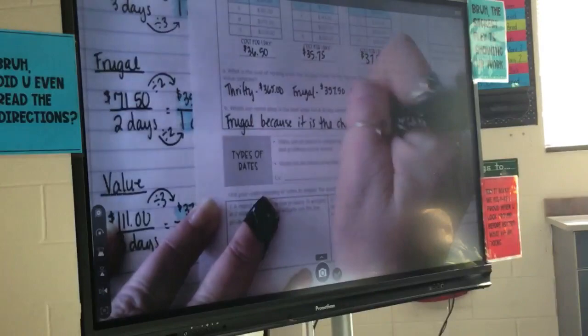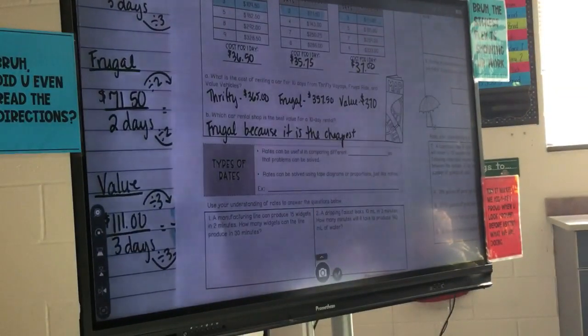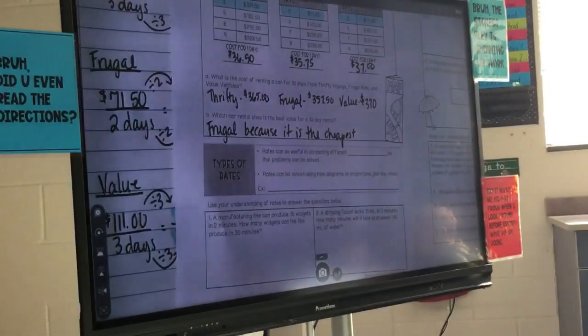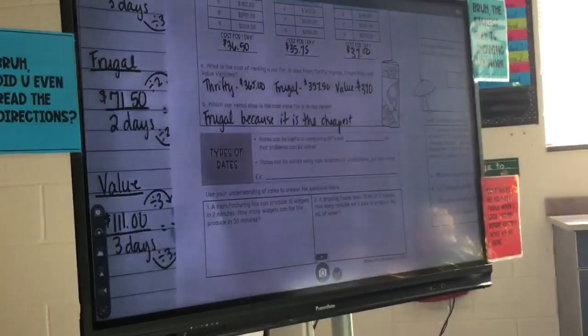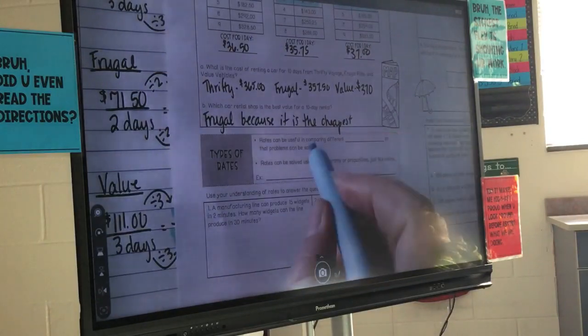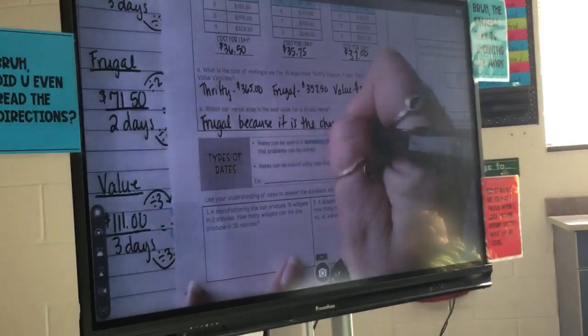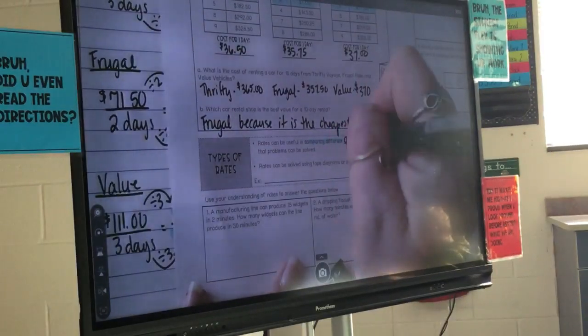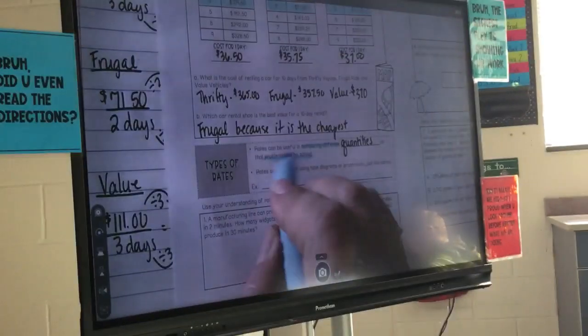We're going to do a lot of practicing today of essentially which is the better value, which is the better buy. And that is how you compare rates and unit rates. Rates can be used in comparing different quantities so that we can solve a problem.